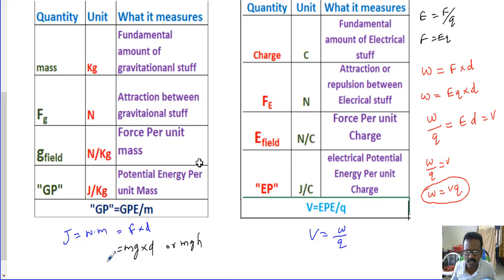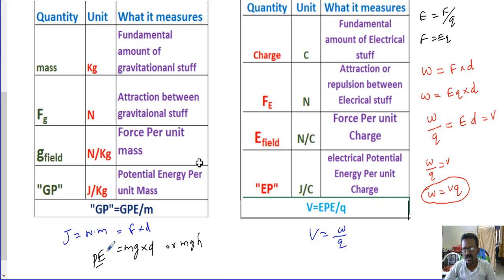This is called potential energy. Potential means the ability to do work. If you leave it, it will start to convert into kinetic energy. When it falls down, it will change into some other energy.